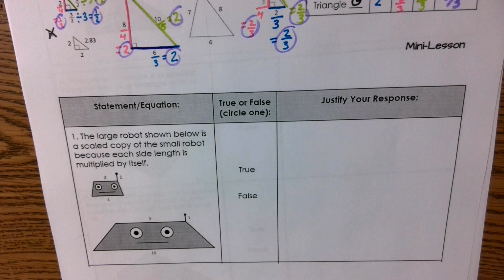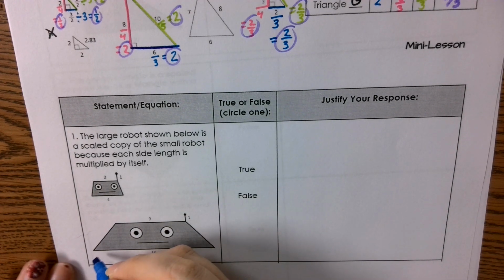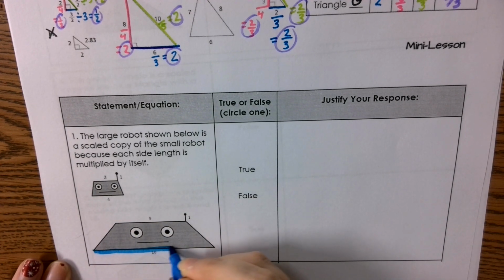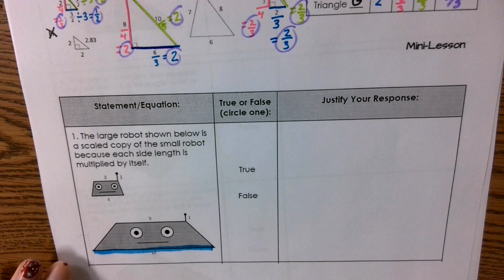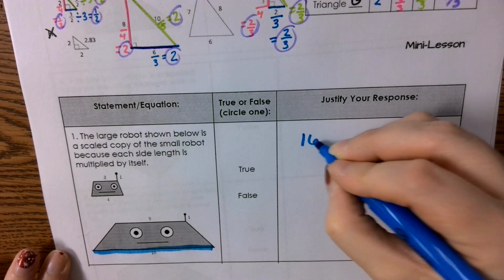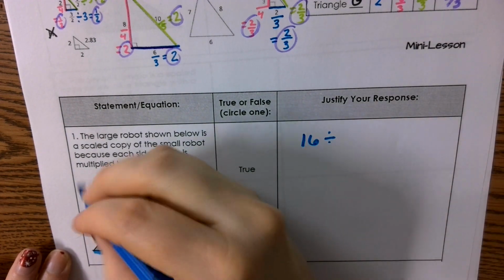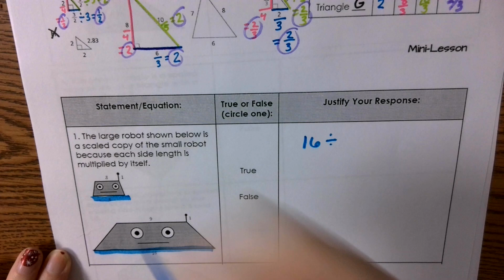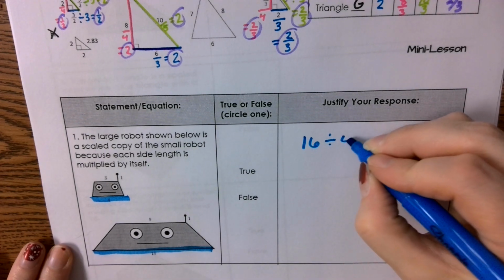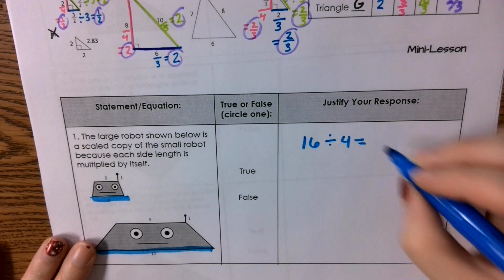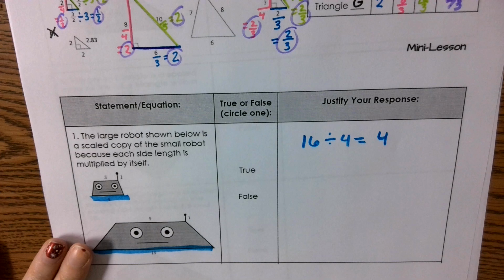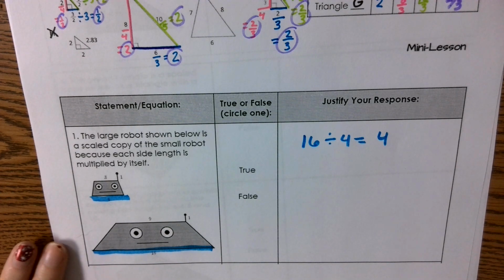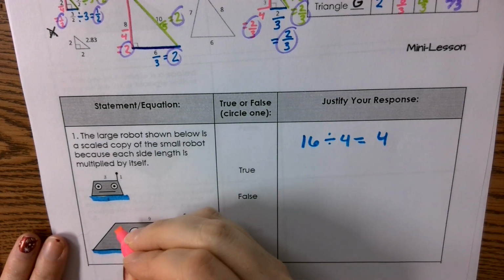Here, we have the measurements for the base. The big rectangle has a base of 16. If we divide it by the original base of 4, that's going to give us a value of 4. Well, now if we do the same thing for their heights, or sorry, not their heights, but their top base.